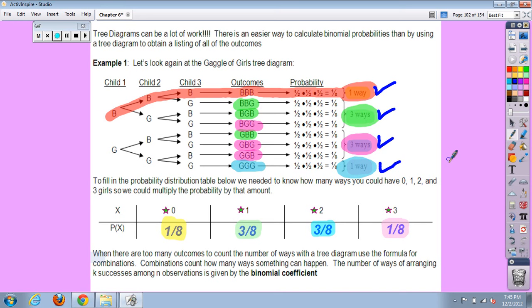There's 3 ways of getting 1 tail. There's 3 ways of getting 2 tails, and 1 way of getting all 3 tails. That 1, 3, 3, 1 pattern reemerges. And that's really what we're going to talk about this video, is how to get these pattern numbers.